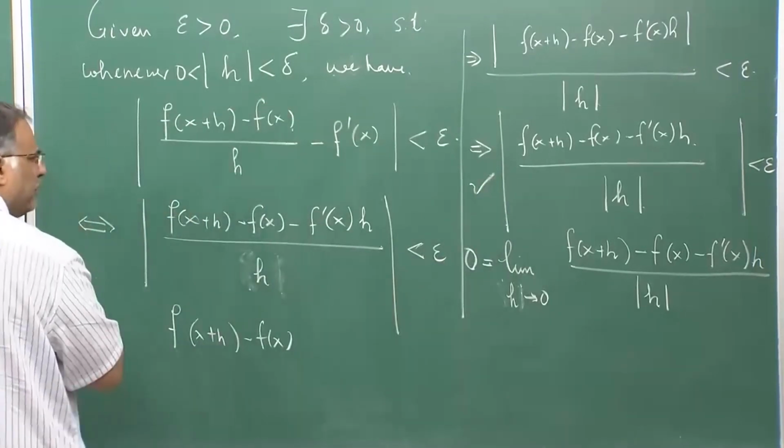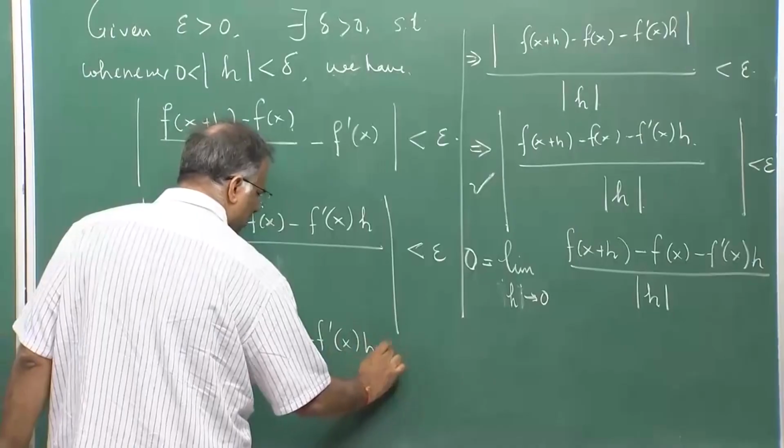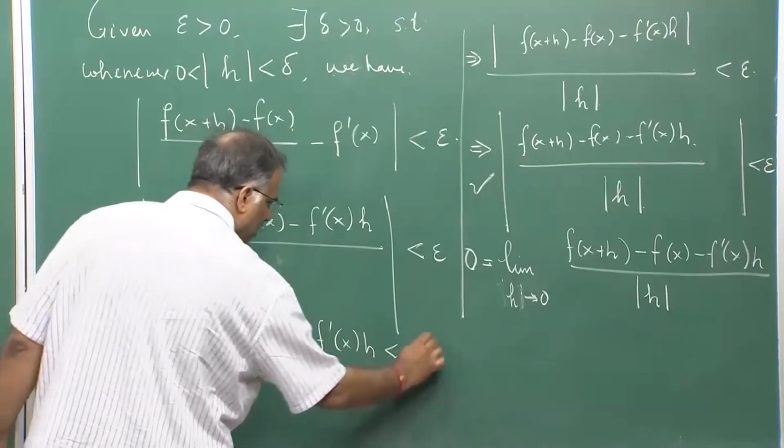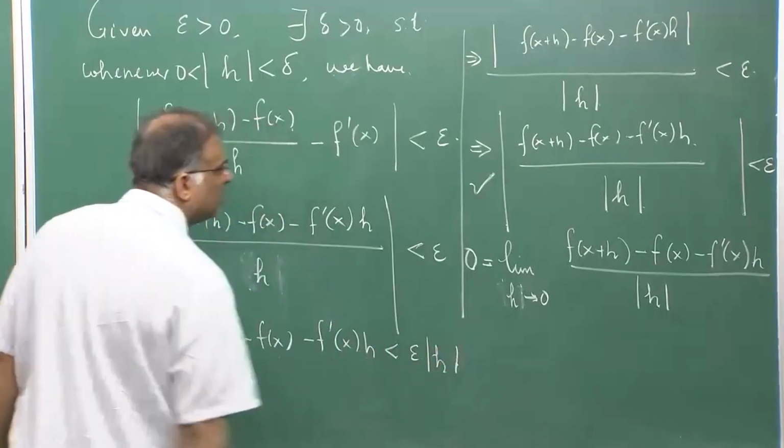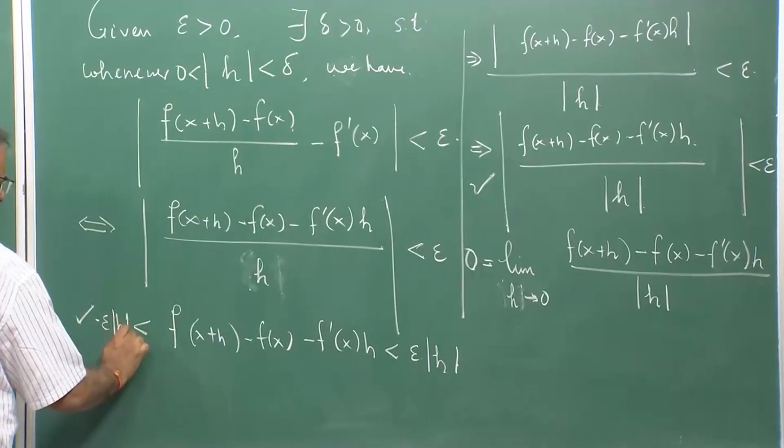This is what I get: f of x plus h minus f of x minus f dash x times h is lying between epsilon mod h and minus epsilon mod h.